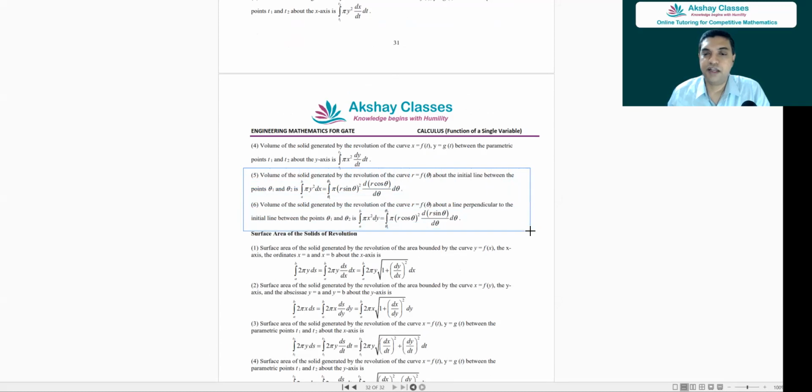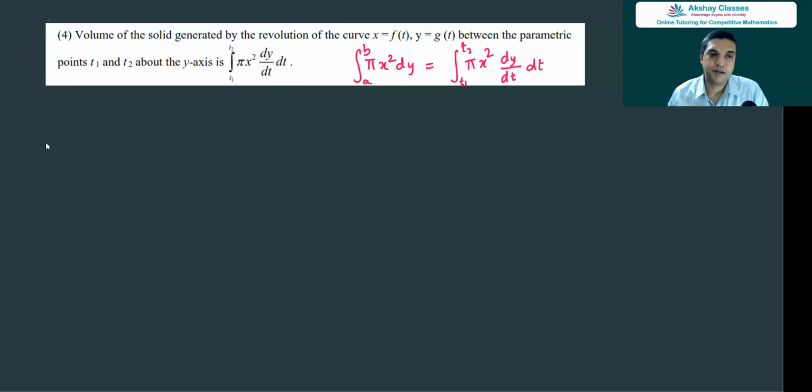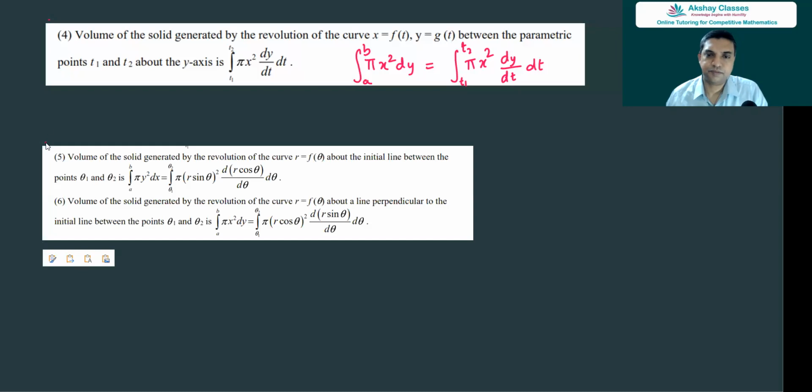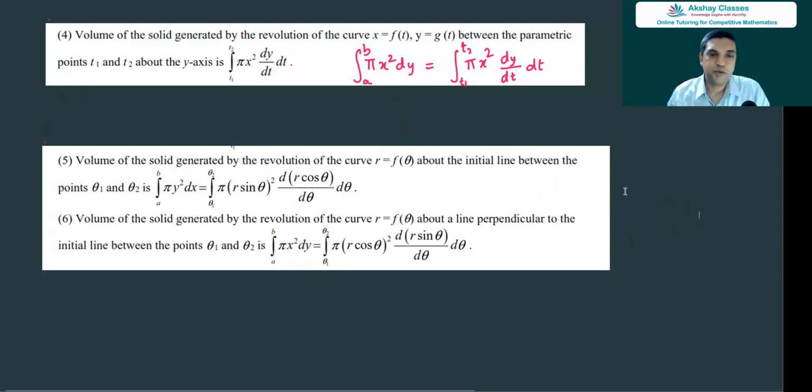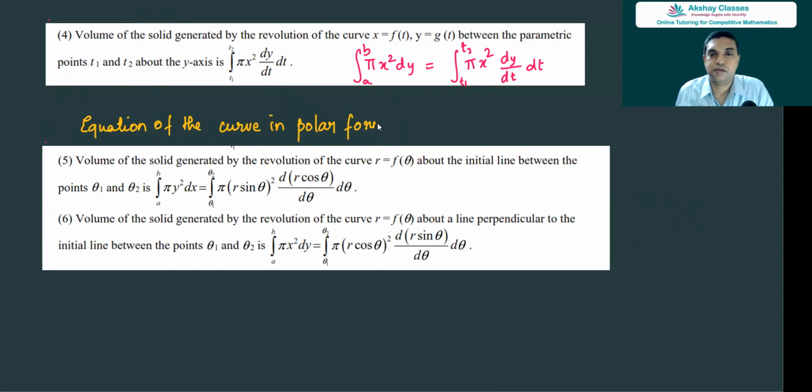What if the equation of the curve is given in polar form? The equation in polar form is r equal to f of theta.